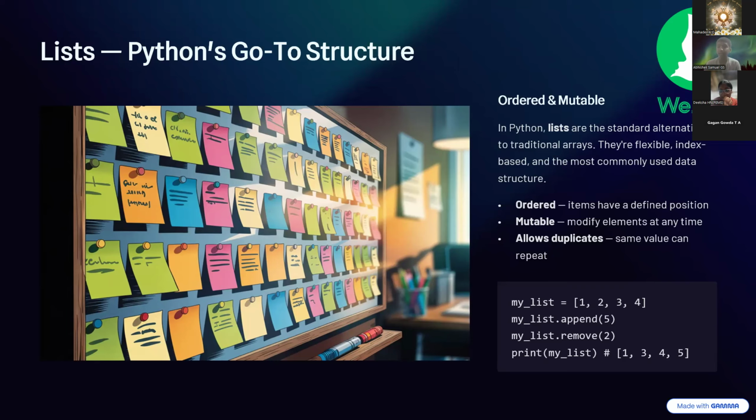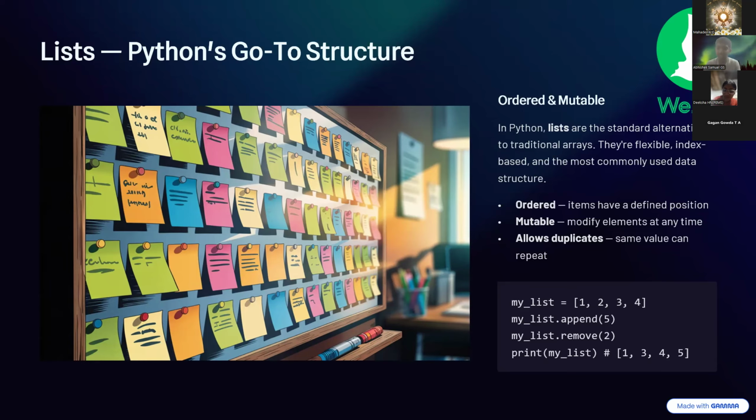Coming to the main point, you learned what a list is. It's a collection of elements which can store strings, integers, numbers, and so on. It is ordered and mutable.